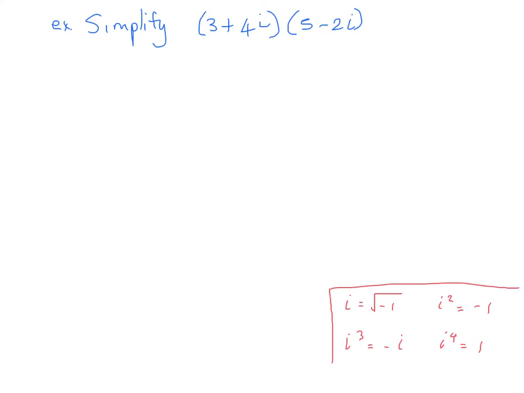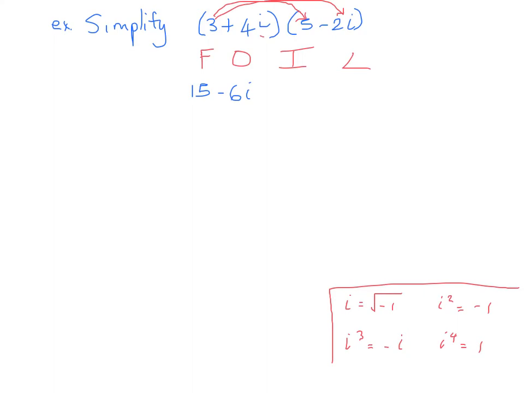Our mnemonic to remember what to do here is FOIL: first, outer, inner, last. Multiplying the first term by the first term, we get 3 times 5, which is 15. For the outer terms, 3 times -2i gives -6i.